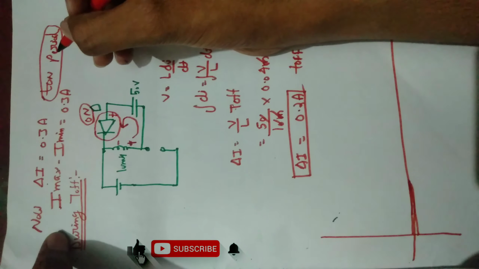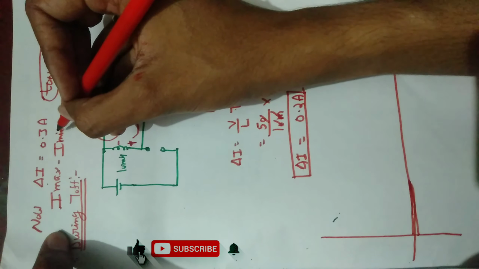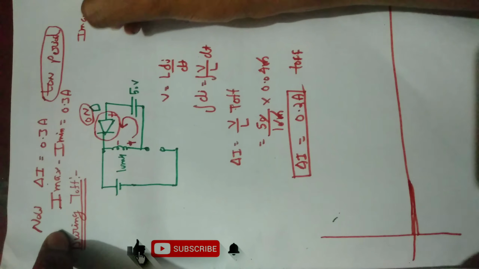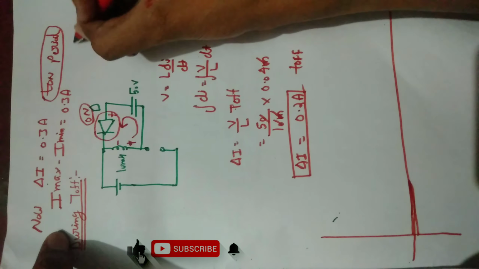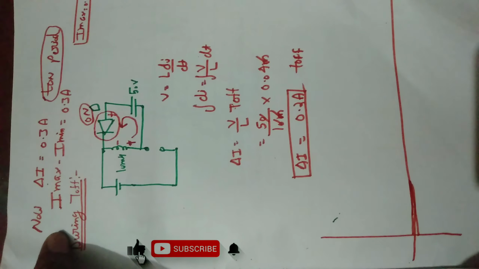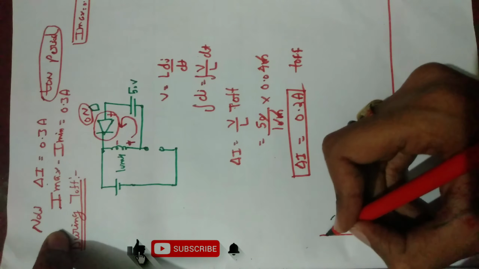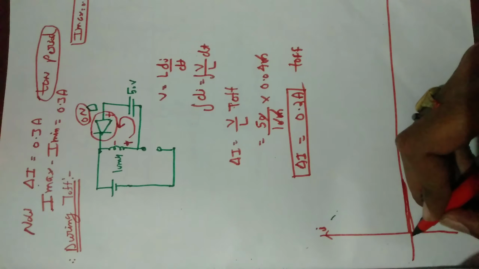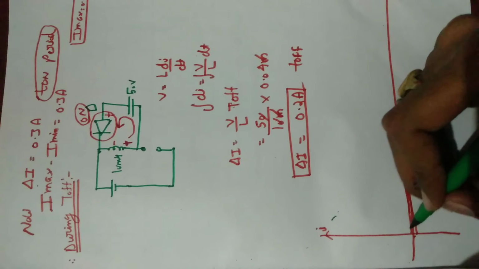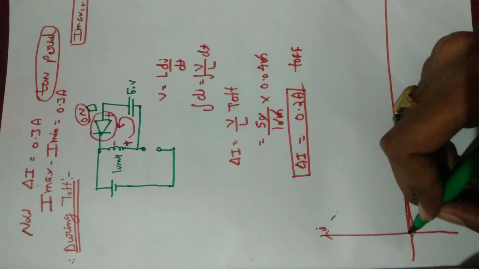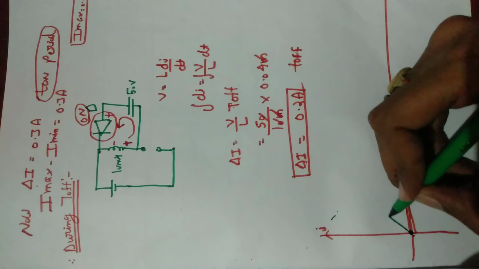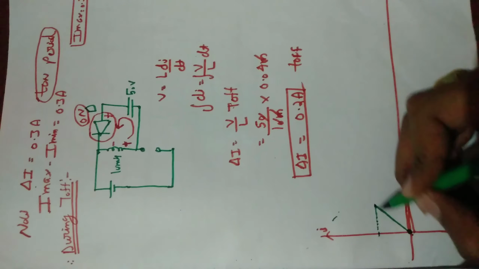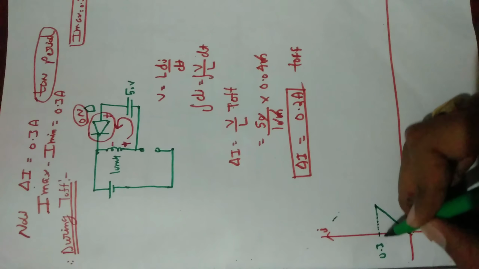Initially there is no minimum current, meaning the minimum current is 0. You can say I max is equal to 0.3 ampere. So initially the current rises from here to 0.3 ampere, somewhere here.